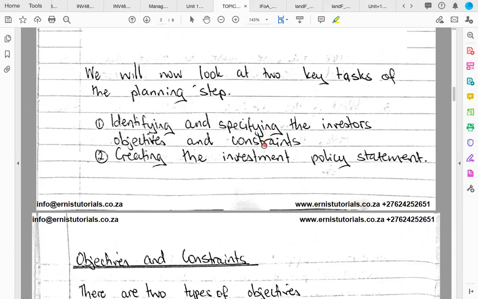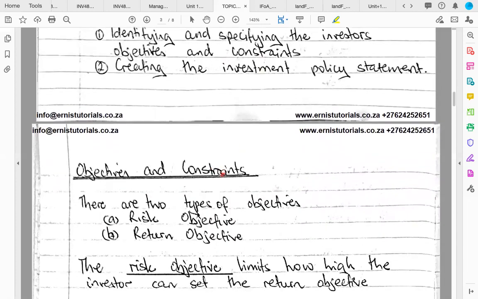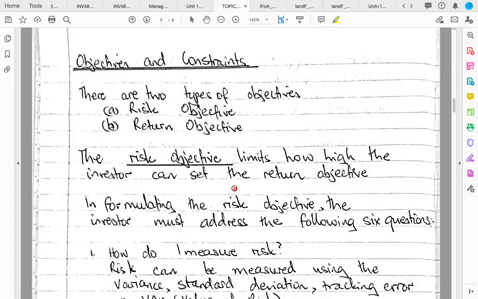But we will talk about that. So let's start by identifying and specifying the objectives and the constraints of an investor. We'll start by looking at the objectives. This class is going to finish off by just looking at the objectives, and then the next class, which is part 2 of learning unit 1, we'll look at the constraints and the investment policy statements.